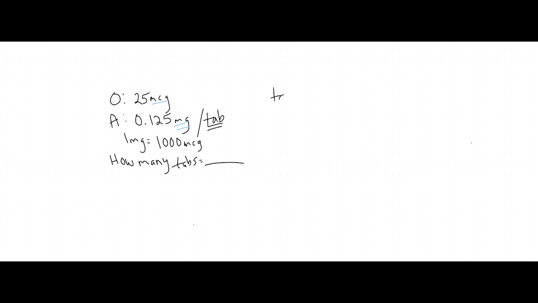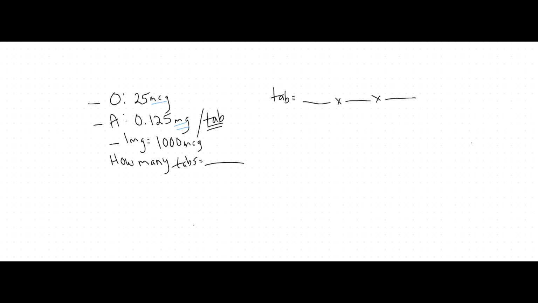Now, usually I have my two lines, right? But this time, because I have three pieces of information, I'm going to have three lines. Because we're going to have to plug in not only our order and our available, but also our conversion factor to make sure that we get the right amount of tablets with the right amount of milligrams or micrograms.